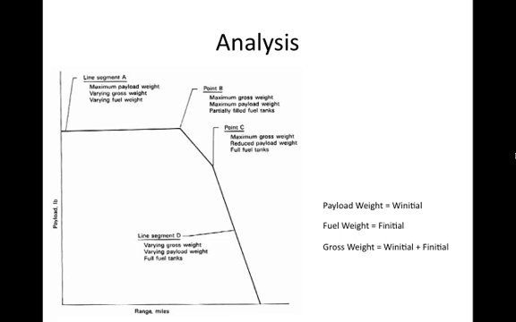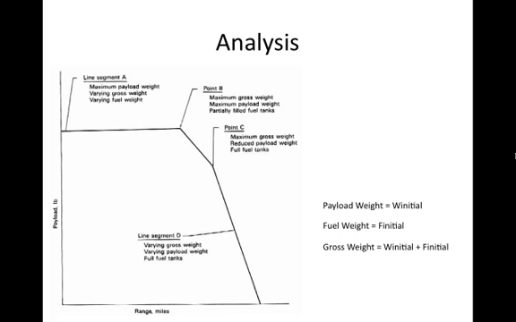Towards the left is almost no fuel, which is very little range, and towards the right is more fuel, which is more range, until you reach the point where the aircraft cannot hold any more weight. That's because it has a lot of payload, and even though the fuel tanks are not fully filled, it can't take off if it were any heavier.